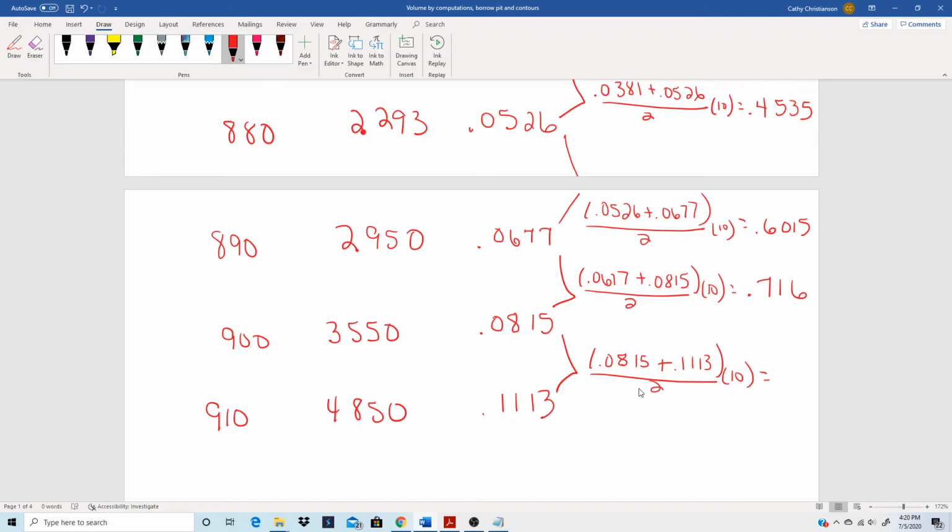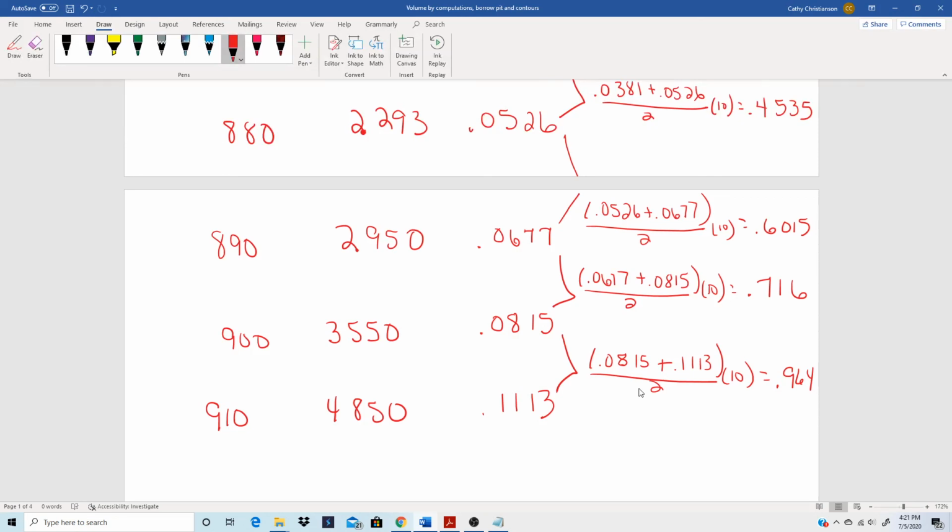And my last one. Hopefully I got everything right. Very, very close to what the book has. And that would be 0.964. They actually kept it out to 5 decimal places.